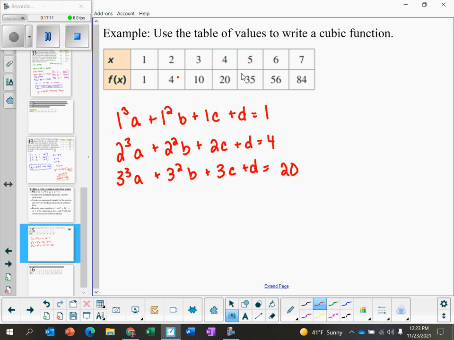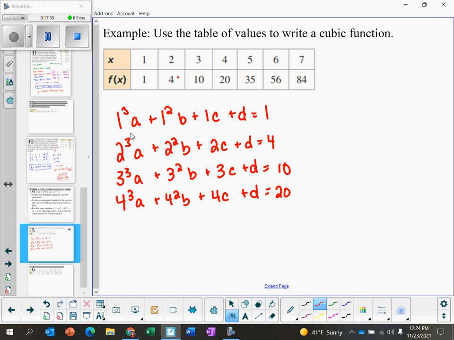And one more equation. I jumped ahead to the next equation. Here we go. 4 to the third a plus 4 squared b plus 4c plus d equals 20.